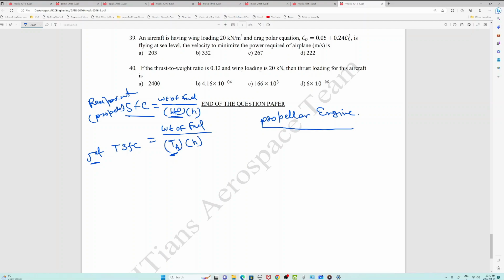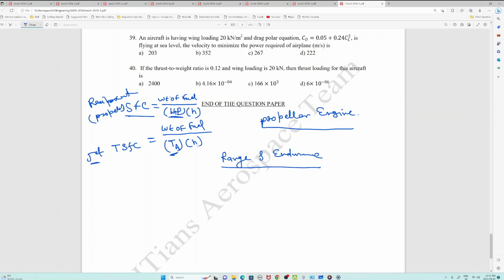So now, if we are talking about the range and endurance, guys, tell me when the range will be maximum.